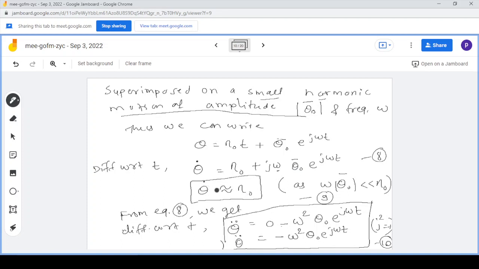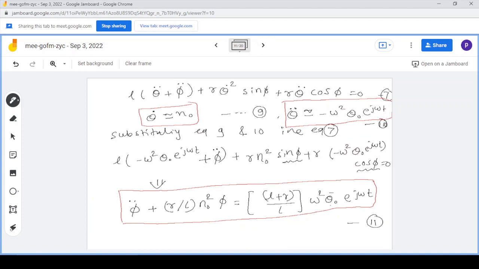So theta dot is obtained as n0, and by double differentiating this expression we get theta double dot like this. Then finally we substituted these values of theta dot and theta double dot in expression 7.